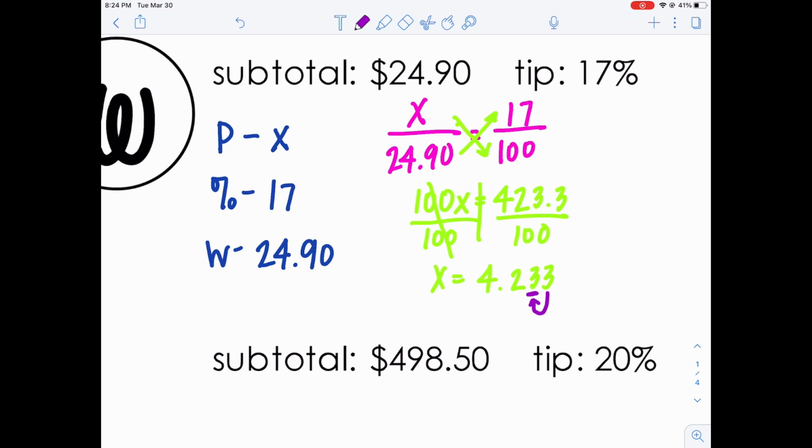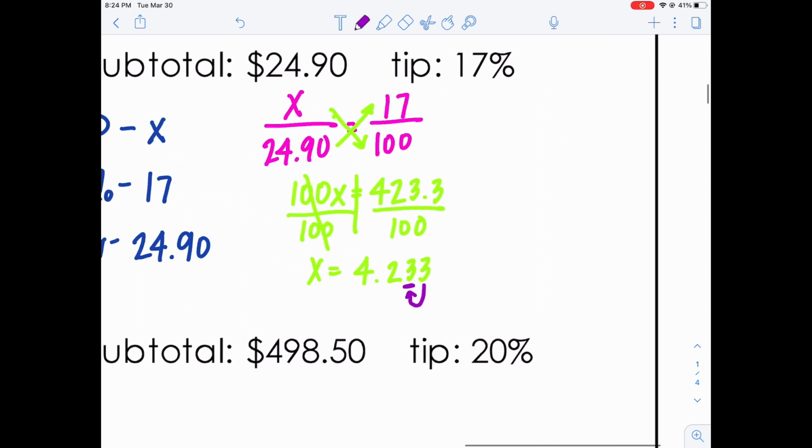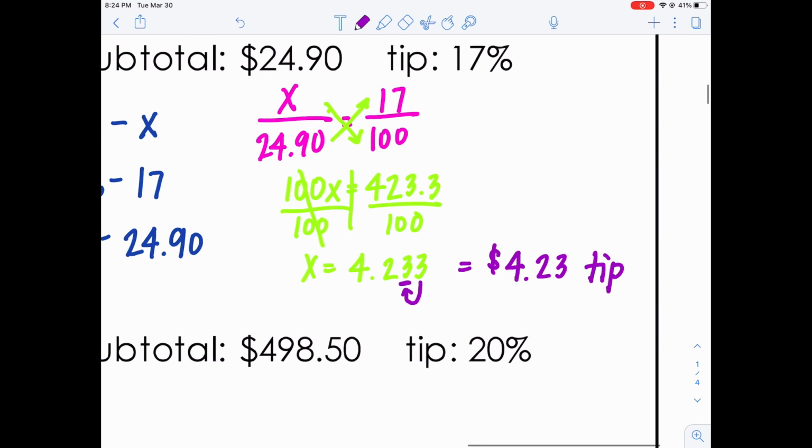So my tip on this is $4.23, because rounding correctly, the 3 tells the other 3 to stay.